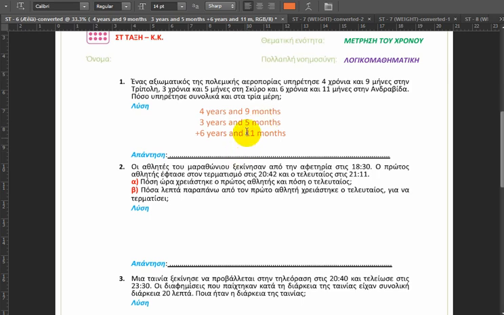Okay, so we're going to do 11 and 5 and 9. That makes 25 months. And then we have 4 and 3 and 6, which would give me 13 years.